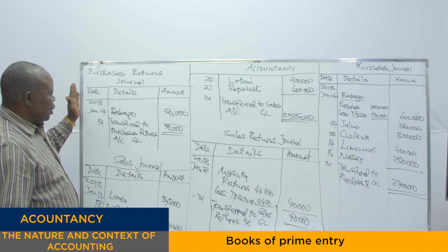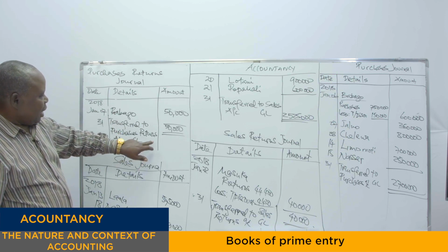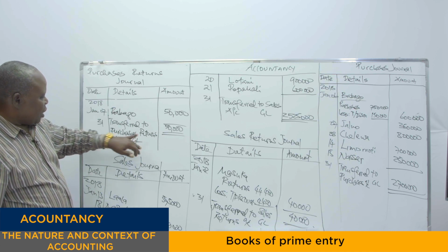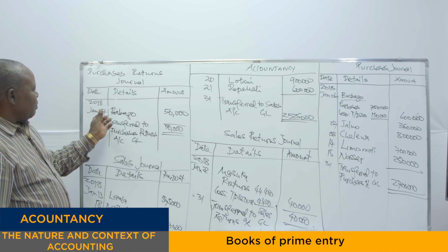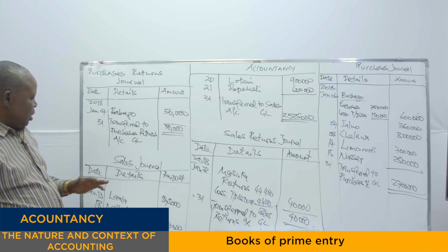Then purchases return. Now the total will be credited into the general ledger, into the purchases return account. So we will credit purchases return, but Babago now will be debited by 50,000.